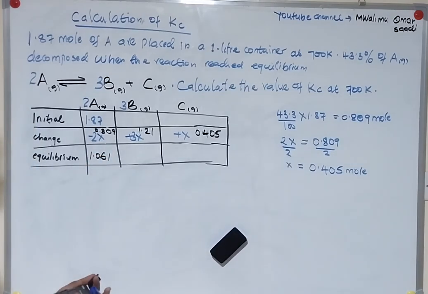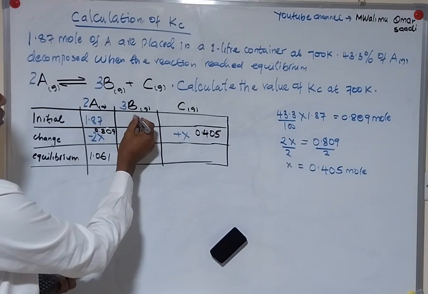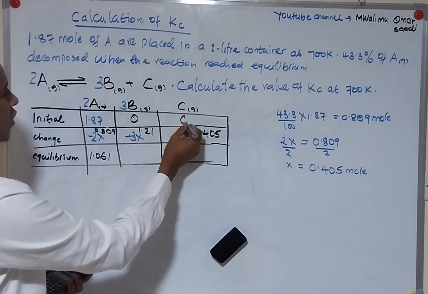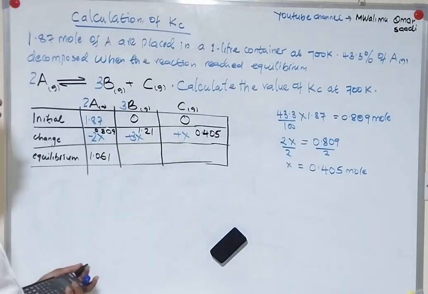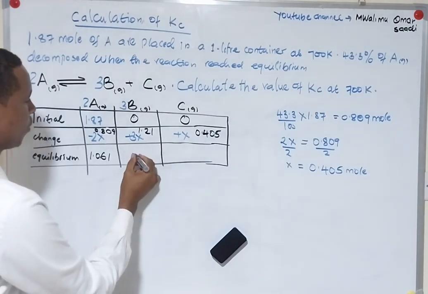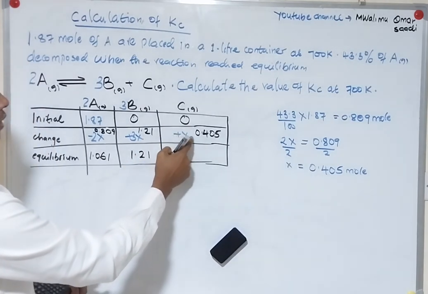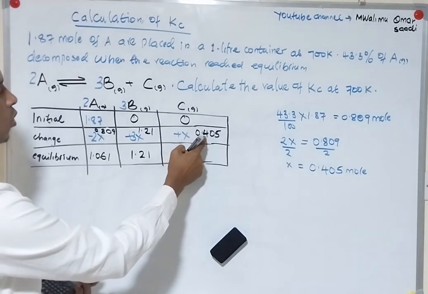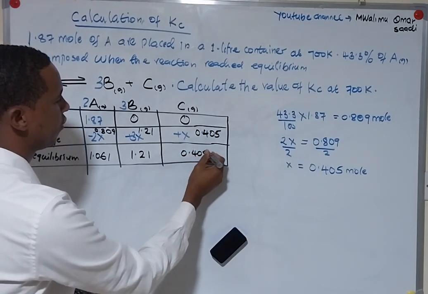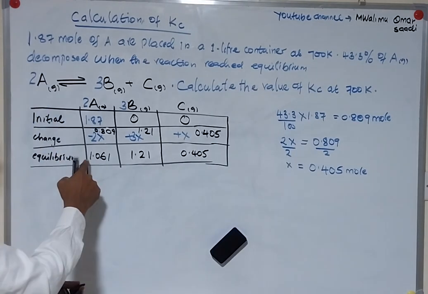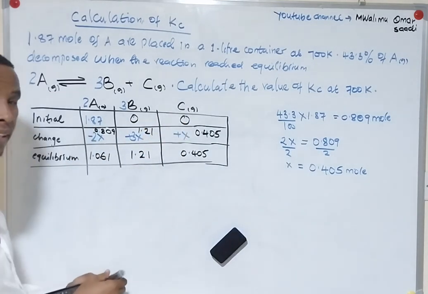That is the concentration of A. The initial concentration of B is 0, and the initial concentration of C is 0. So 0 plus 1.21 will be 1.21, and 0 plus 0.405 will be 0.405. Since we have now got the equilibrium concentrations of A, B, and C, we can calculate Kc.